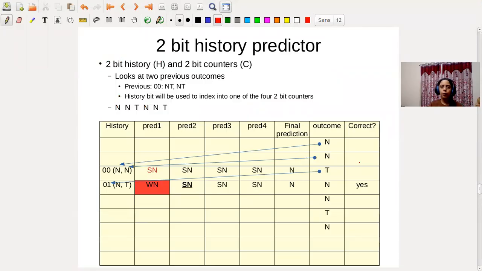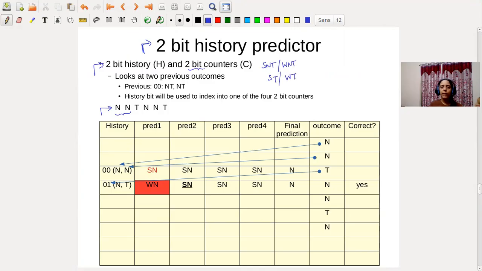So currently we will now focus on the 2-bit history predictor. We said that if we have a pattern which depends on two previous entries, currently we do not have a way of handling this. So we're going to use what is called a 2-bit history, and we're also going to use 2-bit counters. 2-bit counters means it's going to have 4 states: strongly not taken, weakly not taken, strongly taken, and weakly taken.